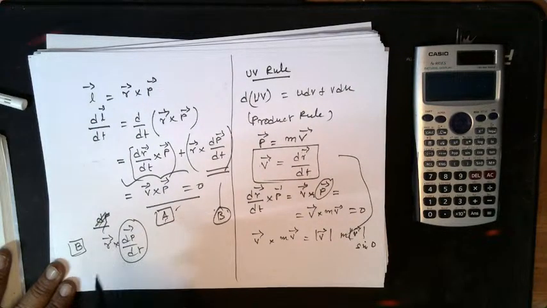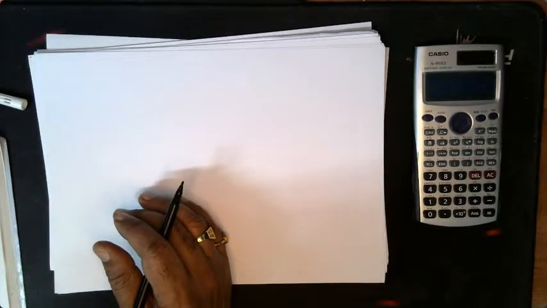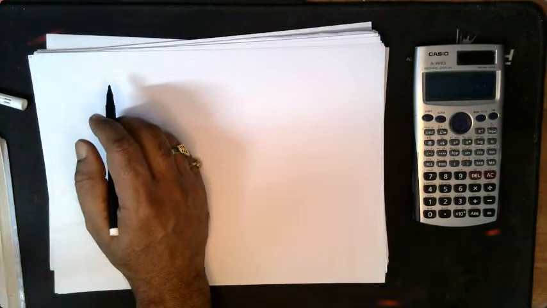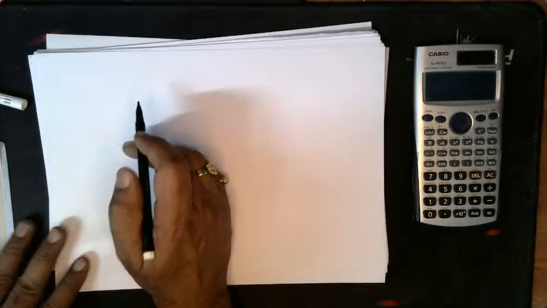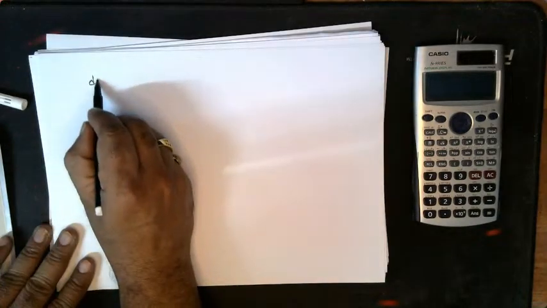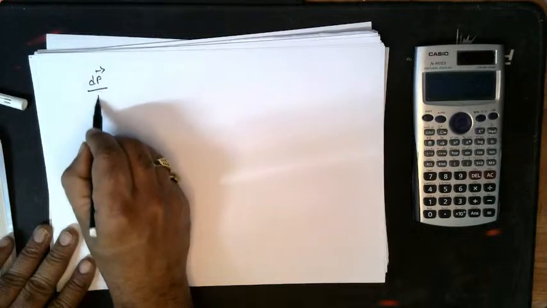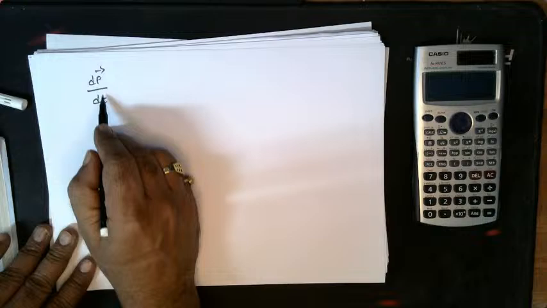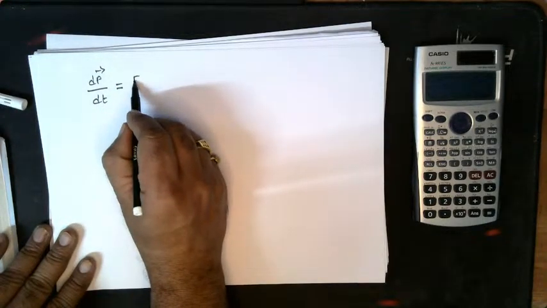Okay, so let us have this dp by dt, right? Take down dp by dt. dp vector divided by dt is equal to, it is given by f vector.